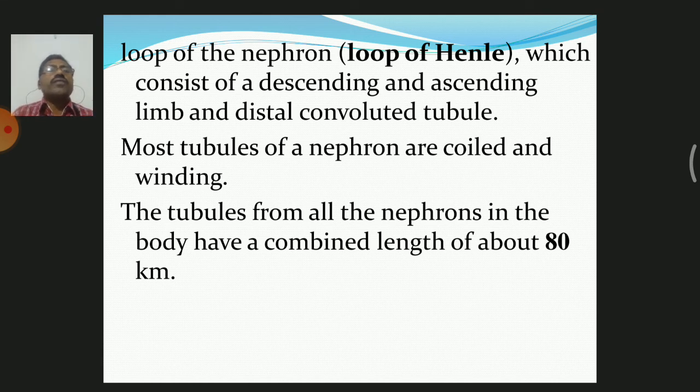Most tubules of a nephron are coiled and winding. The tubules from all the nephrons in the body have a combined length of about 80 kilometers. If we connected all the nephrons with each other, their length would be about 80 kilometers.